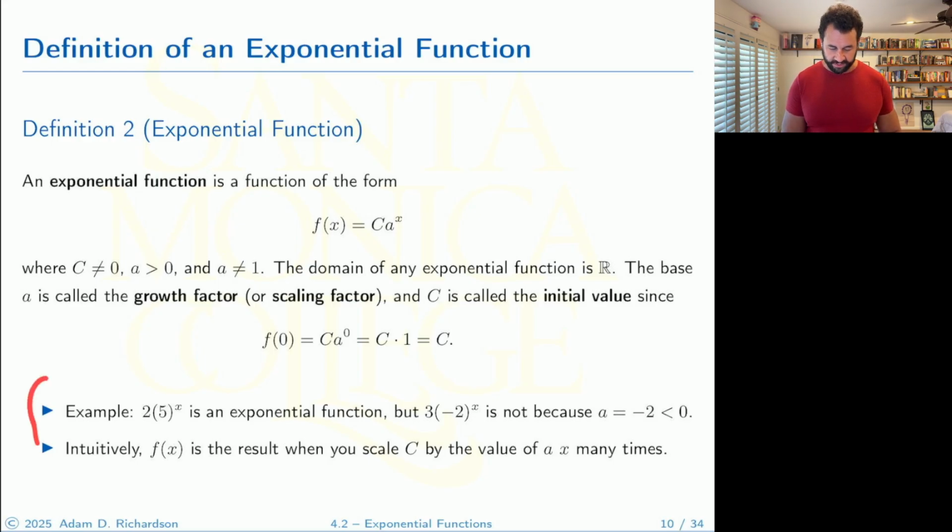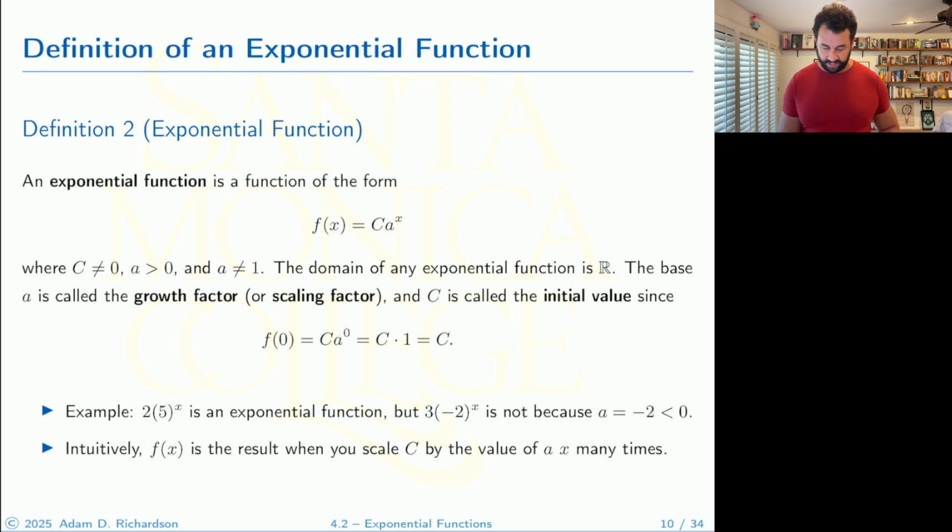A couple examples and counterexamples. Here's an example of an exponential function, 2 times 5 to the x. But this is a non-example of an exponential function because here that a value is -2, and -2 is negative, and we require that a is a positive number.